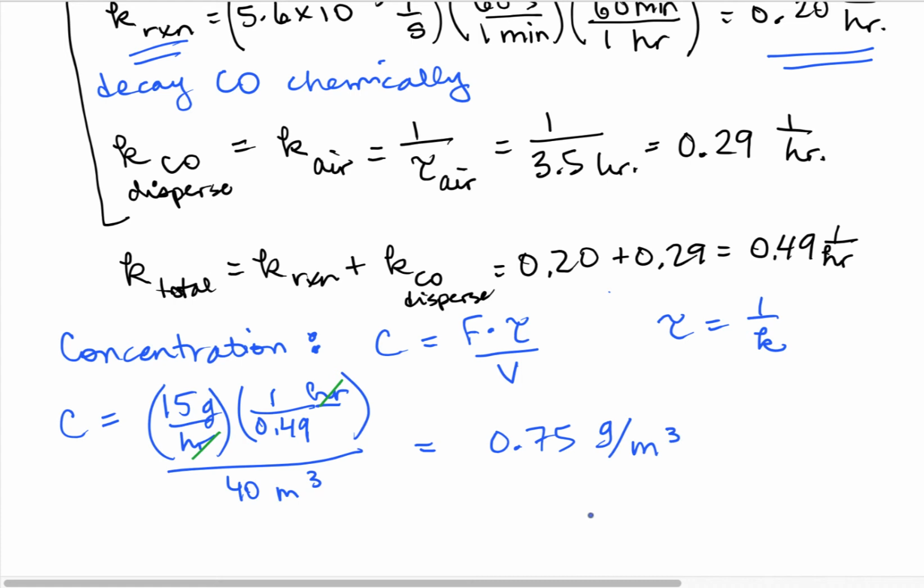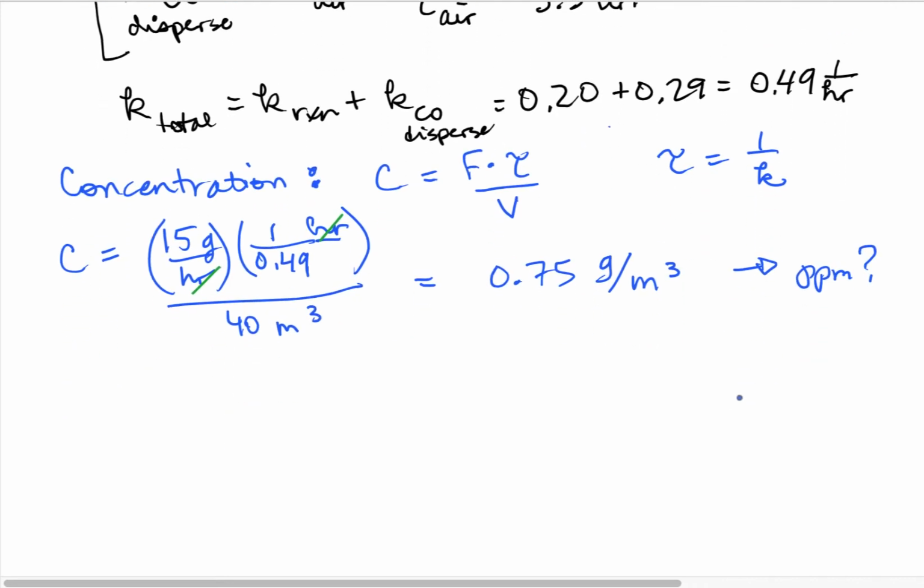Now, this unit doesn't necessarily mean very much to me, so I may want to convert this into parts per million. And in case you do, I want to remind you that unlike the aqueous sample that we talked about in the previous video, this is a gaseous sample.